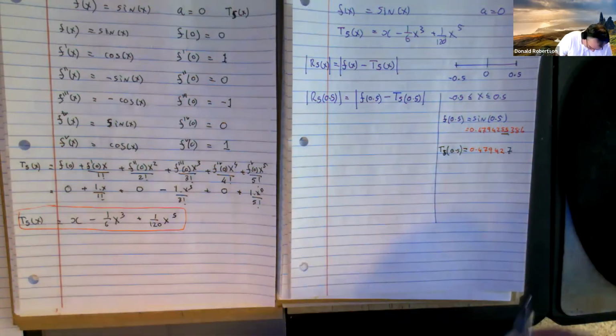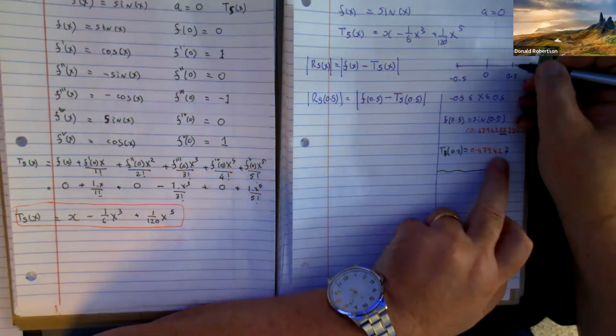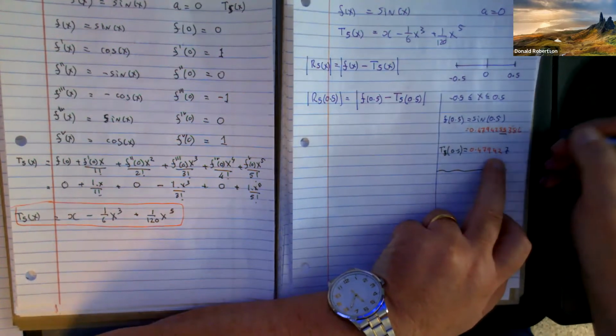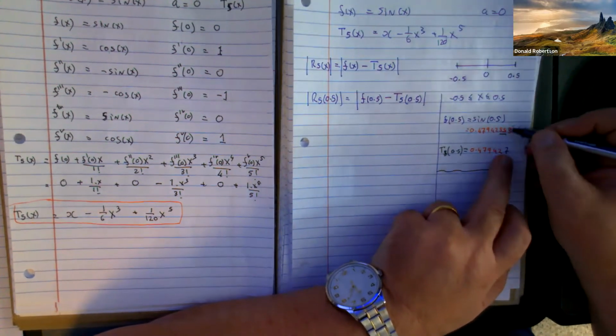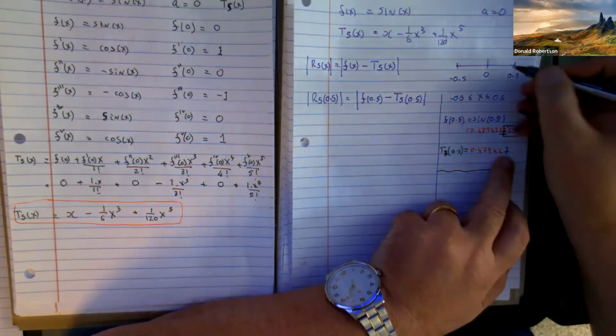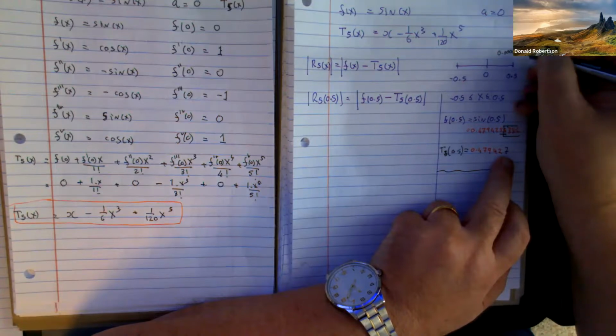Now, at this side here, the error, right? If you take one away from the other, the error between these two, and I'm going to just stop here, is 0.000001, if you round it off.